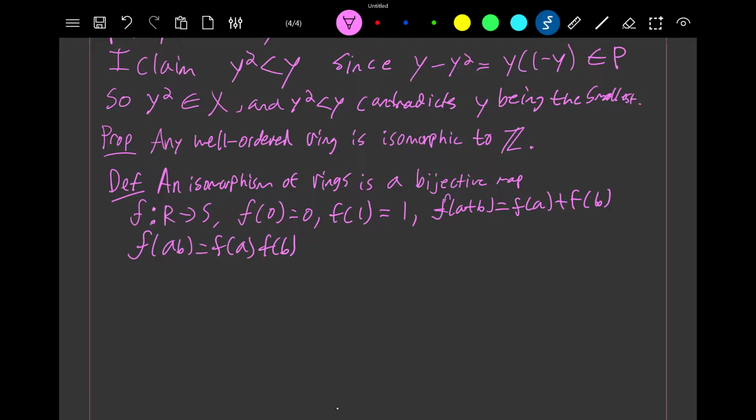And so here's kind of the proof that any well-ordered ring is isomorphic to Z. Proof. Let R be a well-ordered ring.